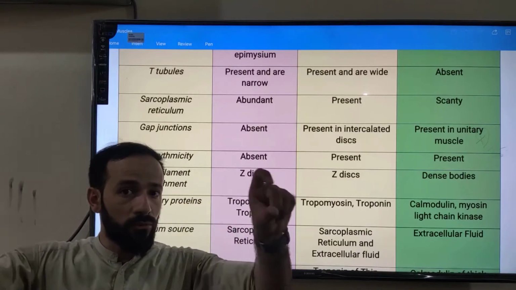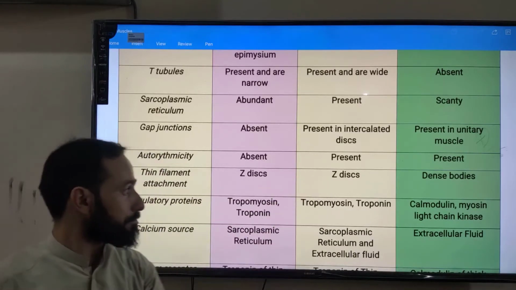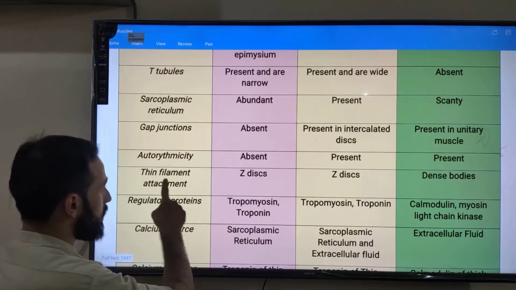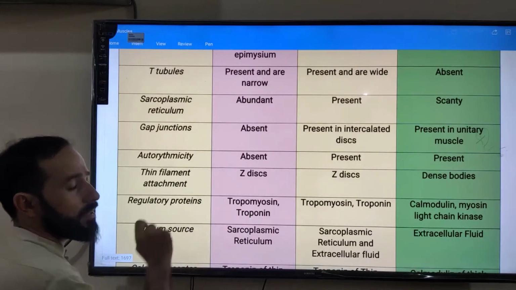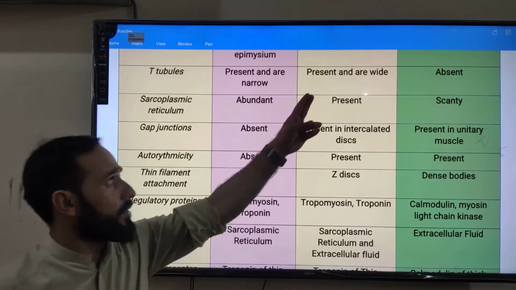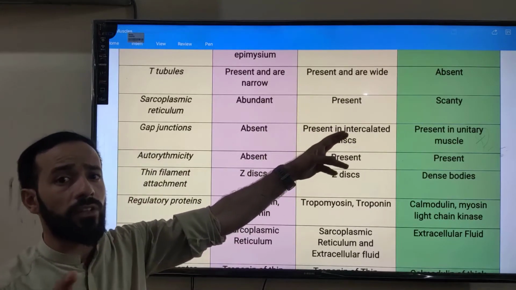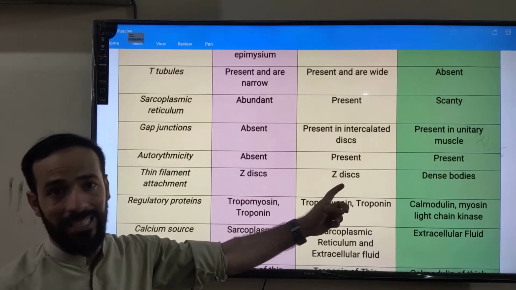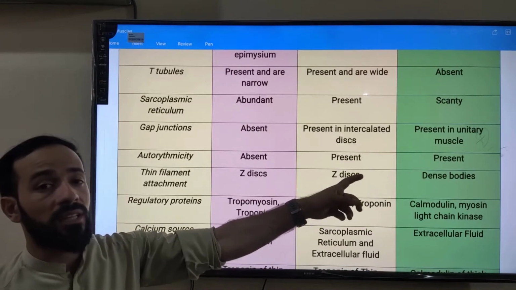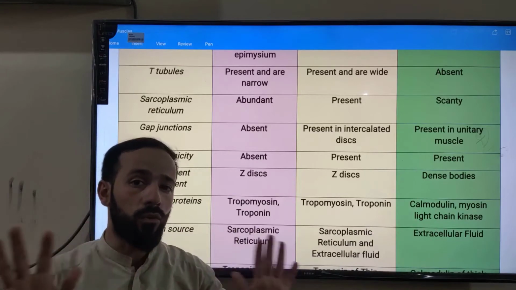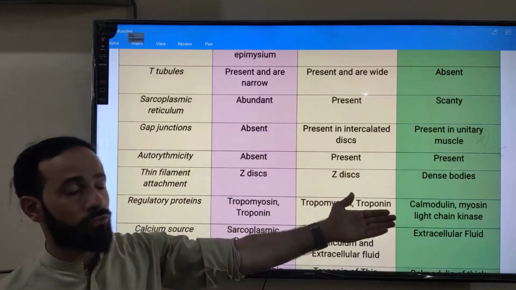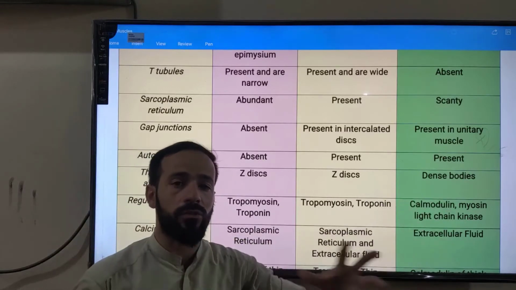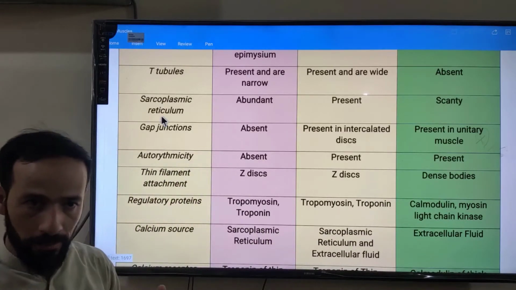So those thin filaments were attached to the Z lines, right? In case of cardiac muscles, there are also sarcomeres present, and the thin filament is again attached to the Z line. But in case of smooth muscles, there are no sarcomeres, so their thin filaments are attached to special bodies which are called dense bodies, right?